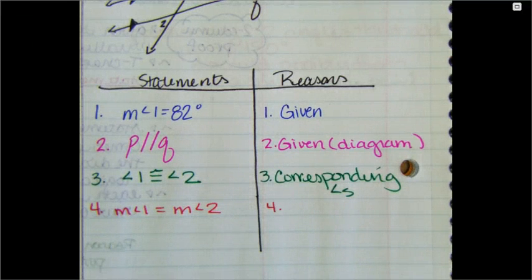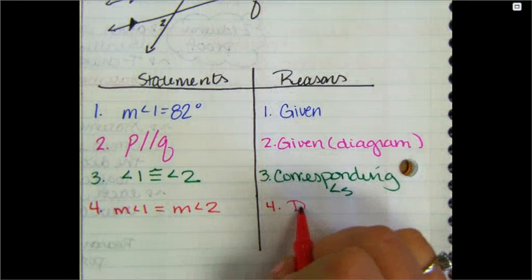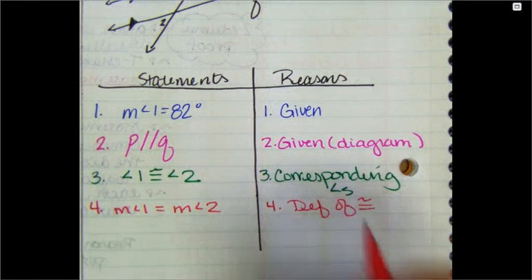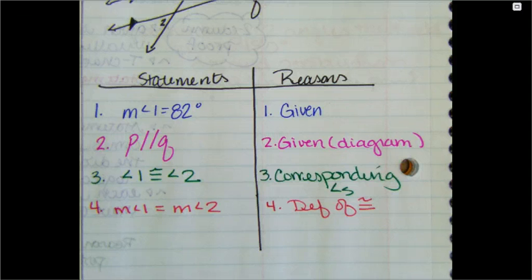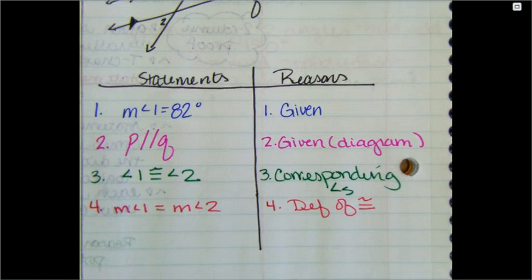Now, the only thing is you didn't know what this definition was. It's just really easy, guys. It's the definition of congruence. Okay, that makes sense, right? They're congruent, they're equal, they're congruent. Okay, I got it. Then I look and I'm still trying to prove what? That they're equal to. Not that they're equal to each other. That measure 2 is equal to 82 degrees.